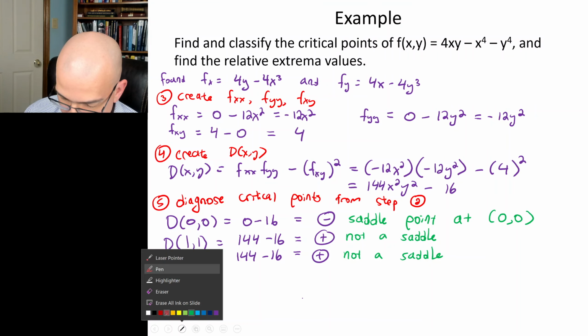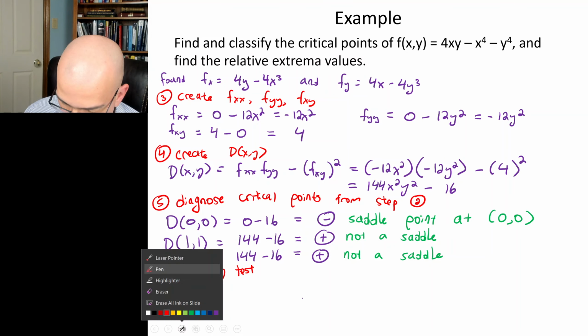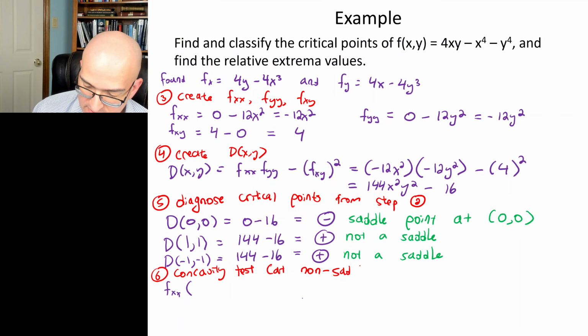Okay, now step 6, concavity test. So we're going to do f double x at the non-saddles. We don't need to check the saddle points. They're saddle points, they're not max or min.